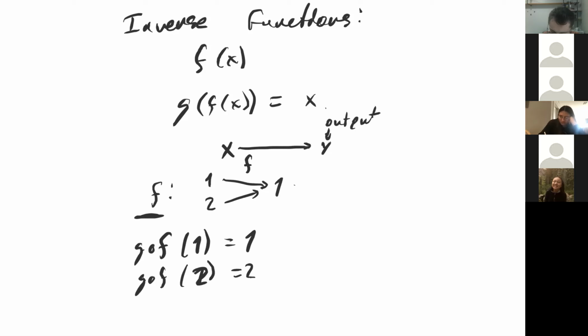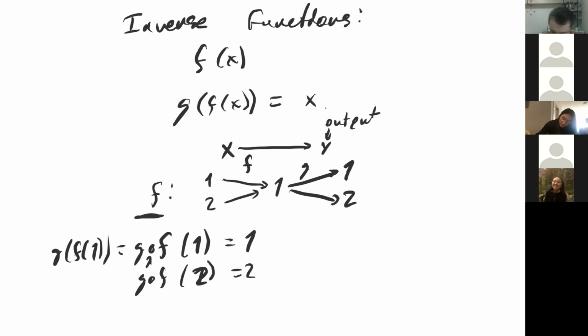So f does this, and what does g do? So then g circ f of 1, by the way, this means function composition, so it's g of f of 1. So f of 1 gives you 1, and so that means g of 1 has to give you 1, okay? And f of 2 gives you 1, and so g of 1 has to give you 2.